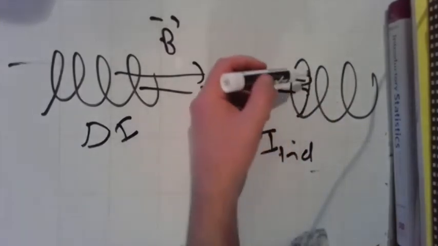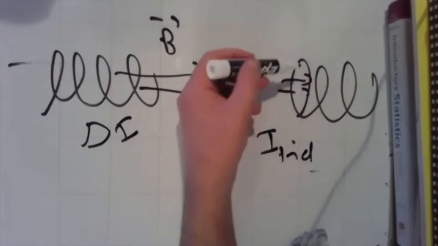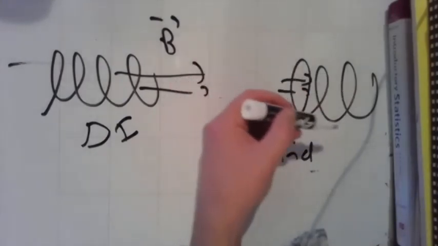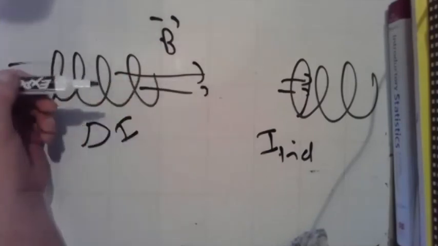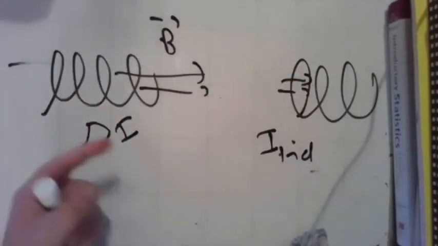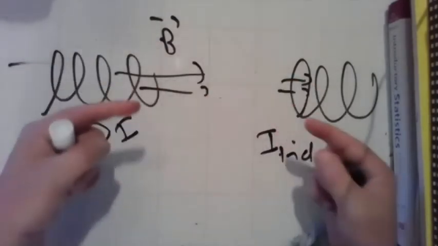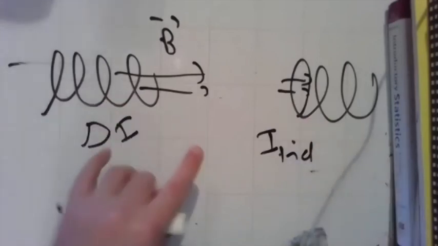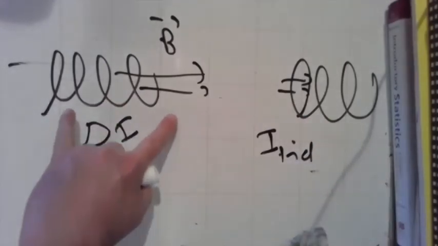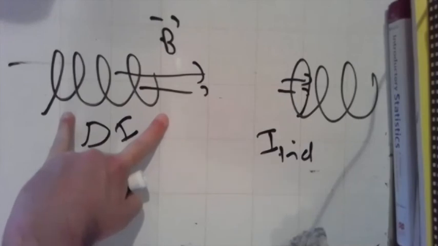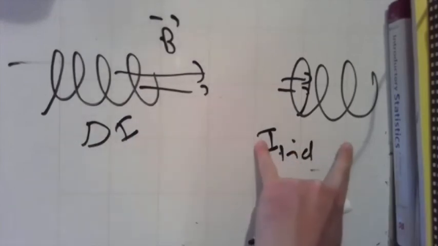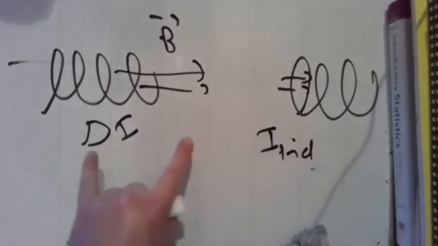This is called mutual induction. This, of course, will be changing with time, which then will affect back this guy. And these two kind of fight back and forth until they reach an equilibrium. But the point of this process is that by changing the current over here, I can induce a current over here without these two things touching.